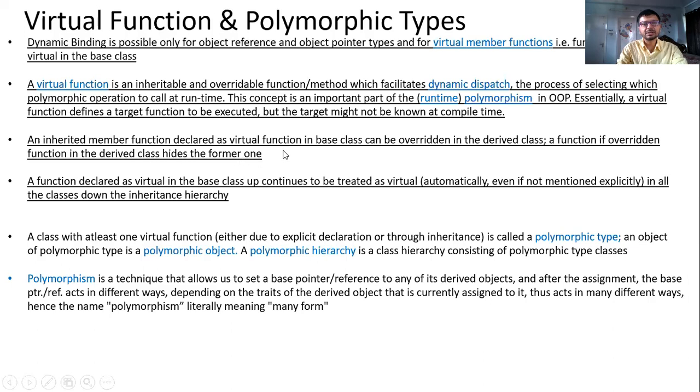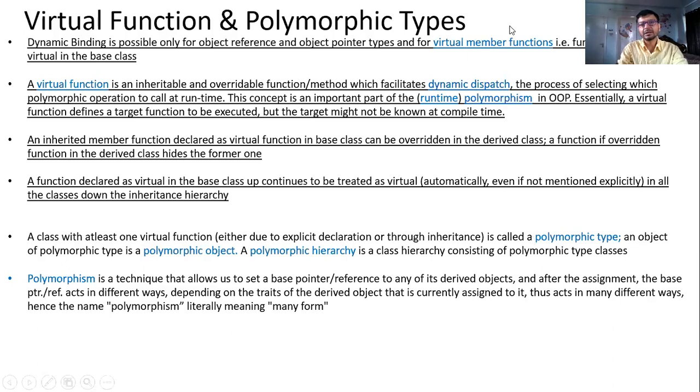The other point is that if we override the function name, it will be hiding the base function body. Another important fact is, if we have three classes, this is a base class, this is the derived class, and that is another class derived from this, a multi-level hierarchy.